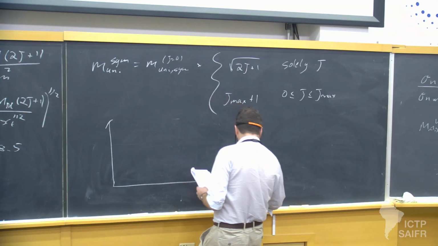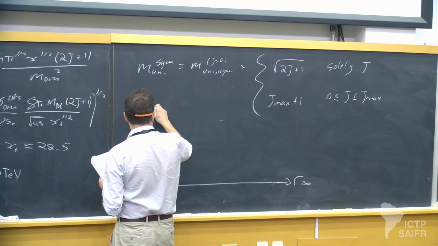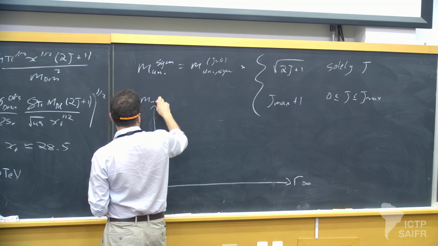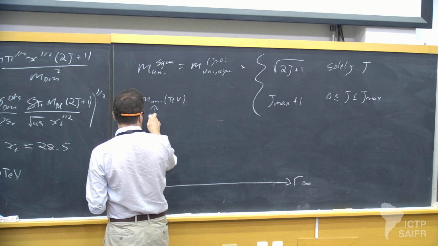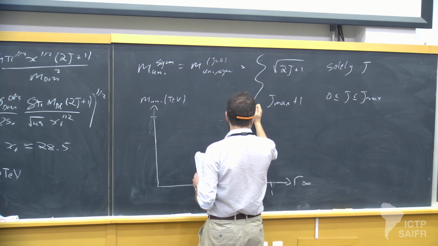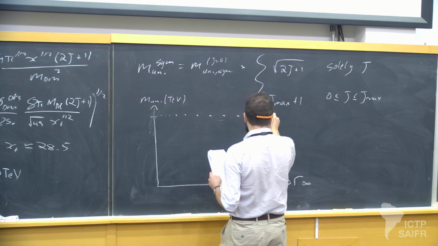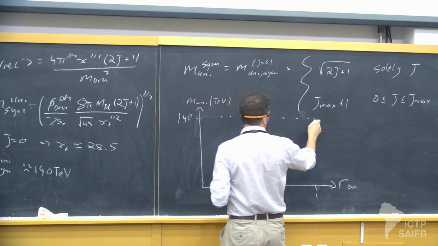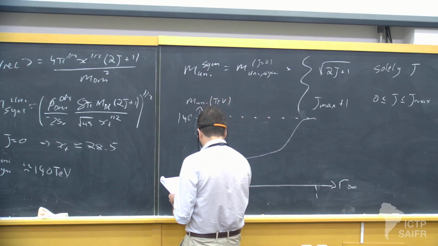Yeah. So if we plot here R infinity, this is our unitarity constraint in TeV. So if here we have R infinity equals 1, which is just the symmetric case, this starts off at 140, and then it drops down and has this sort of shape.